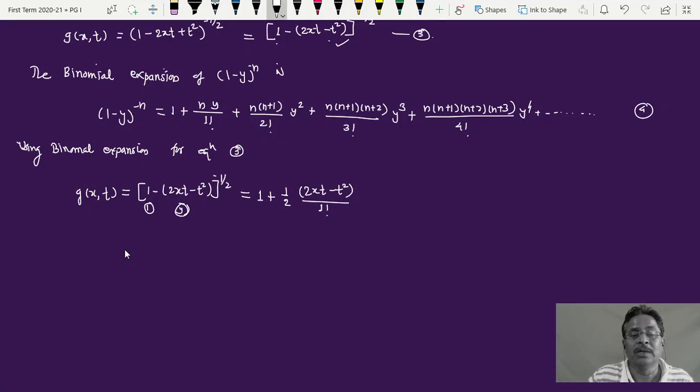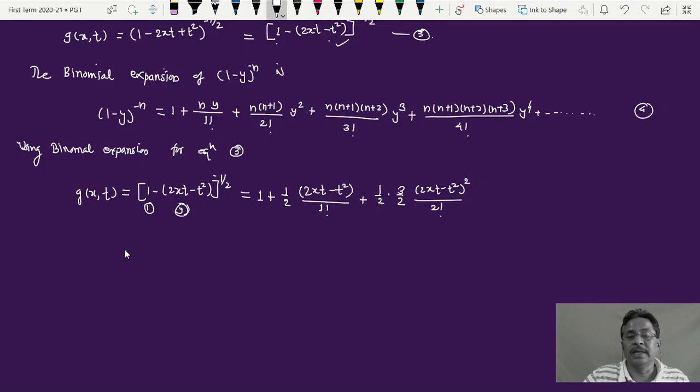This is 1 half here, into y, which is twice xt minus t square raised to 1, divided by 1 factorial. Next term, 1 half is n. Now n plus 1, 1 half plus 1 is 3 by 2, so the next term is 3 by 2 into (twice xt minus t square) raised to 2, this is y square, divided by 2 factorial.